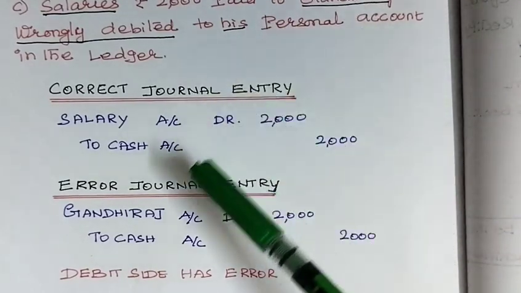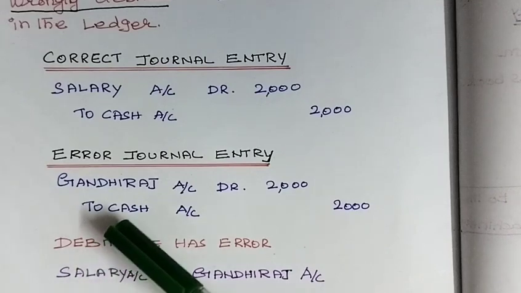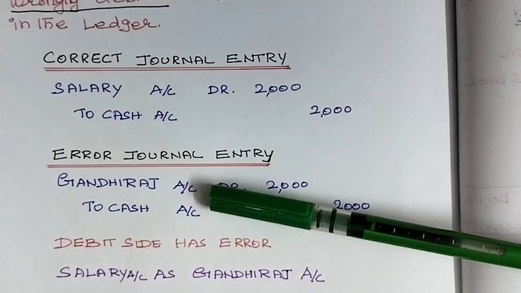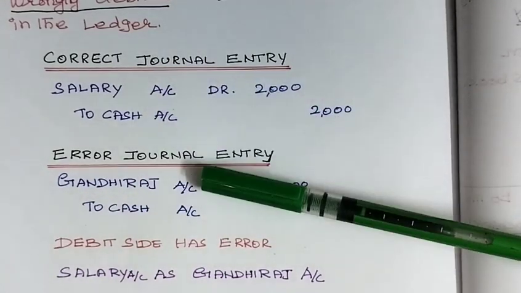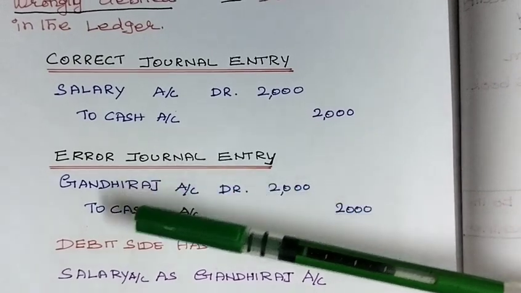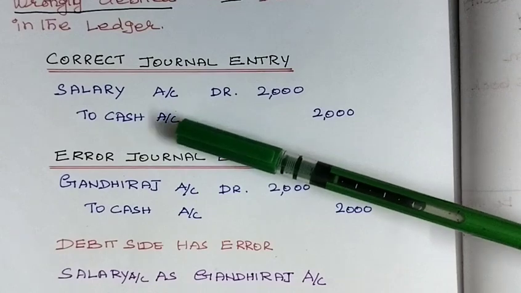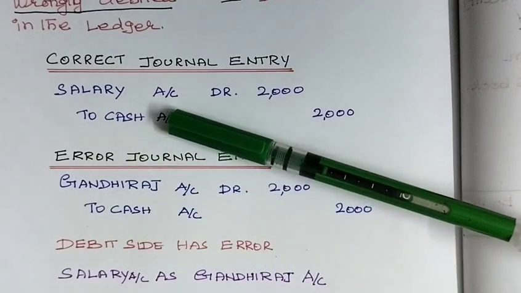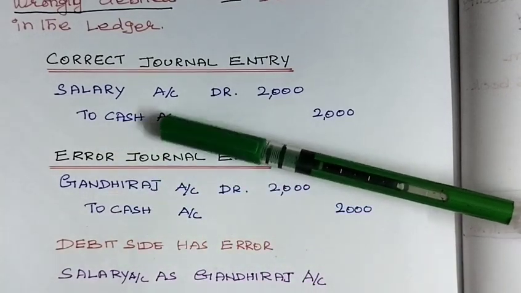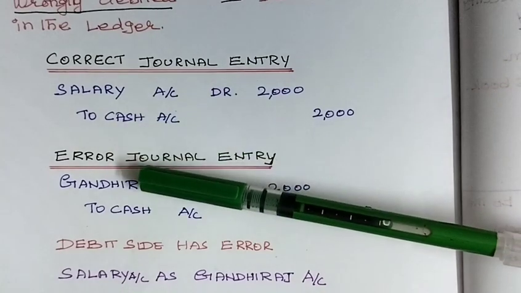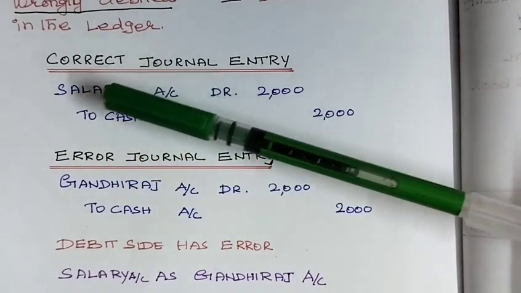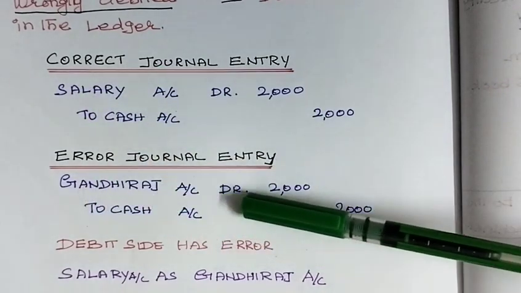So where is the error? We have to compare both journal entries, the correct journal entry and the wrong error journal entry. On the credit side we didn't have the error. To cash account, so cash account credited, there is no error. Then we have to look at the debit side: salary account debit, Gandhiraj account debit.